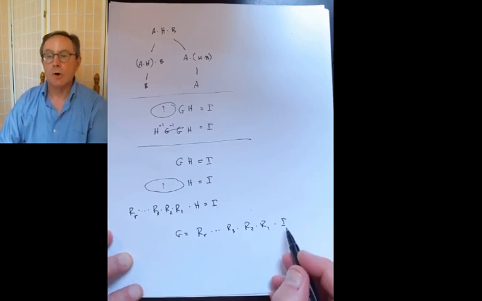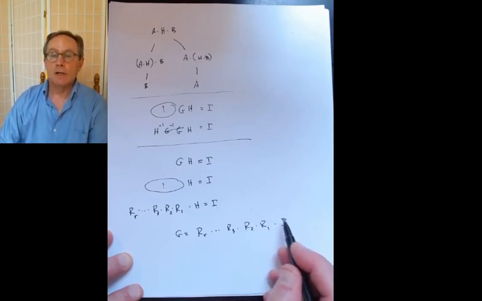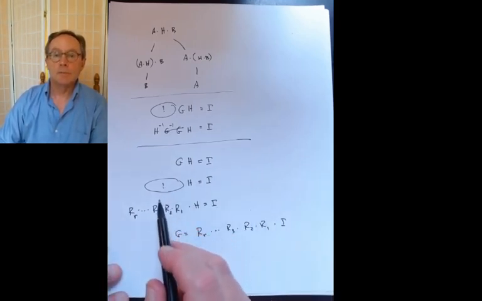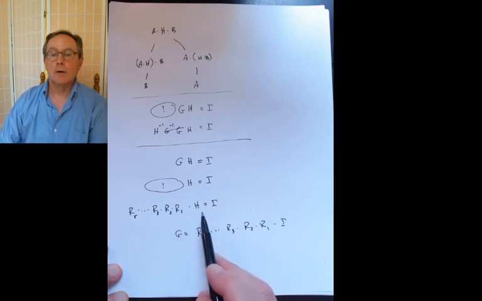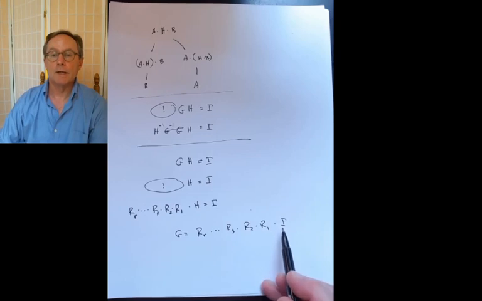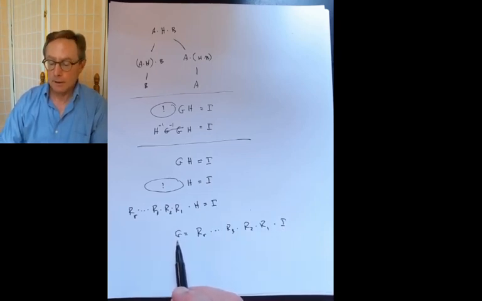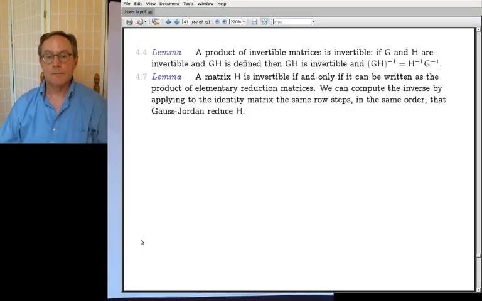That is to say, I'll start off with the identity and then do R1, and then after that I'll take the result and do R2 to it, and after that I'll take the result and do R3 to it, etc. And that's all it is. I'm just recognizing that Gauss-Jordan reduction is what I want to do, and that the steps of Gauss-Jordan reduction, if performed on the identity matrix, will result in the matrix capital G that I want. So let's see an example.